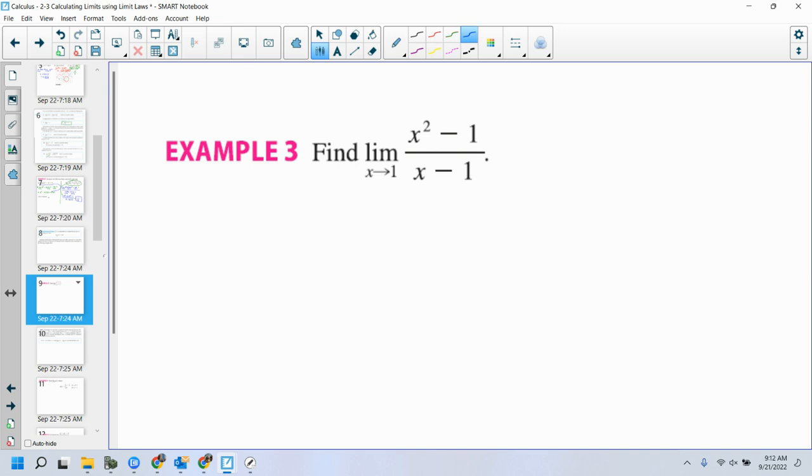However, if I took this, the limit as x goes to 1 of x squared minus 1 over x minus 1, and just did straight up substitution, right? I can't do that because I would get a 0 in the denominator.